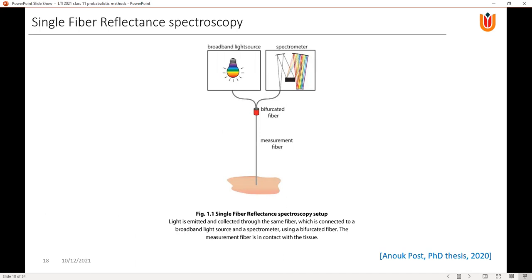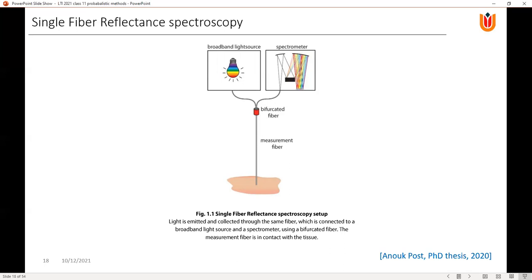That light is coupled into a fiber that is sent to the red part. That's a coupler. I'll get back to that later. And it is coupled into a measurement fiber, which is in touch with the tissue. So light is emitted from the fiber, but it is collected by that same fiber.